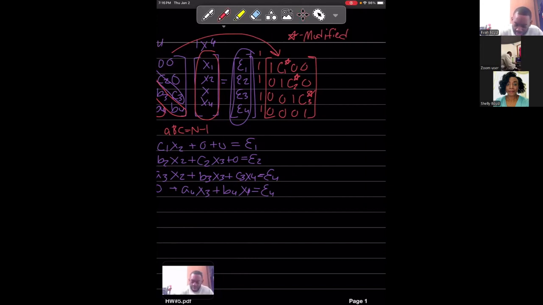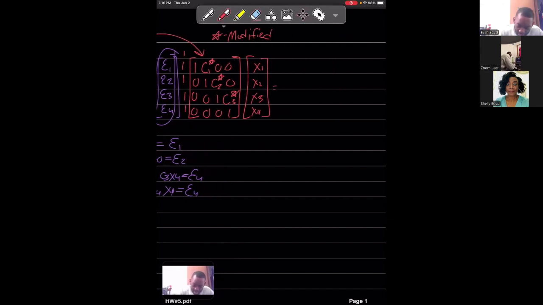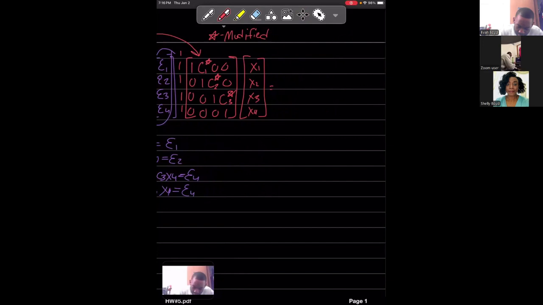Because in this case, our X's will still multiply by our 4 by 4 matrix C, but the X's will remain the same. They don't get modified. And our epsilons will all be modified.